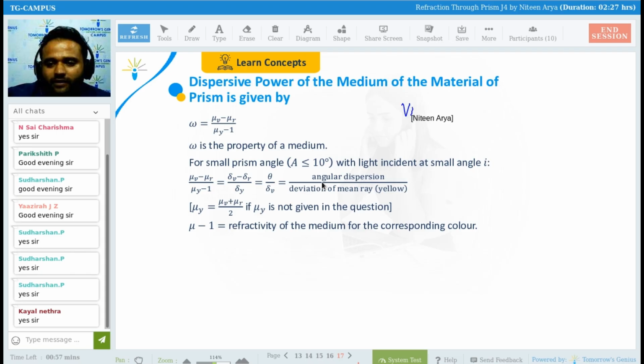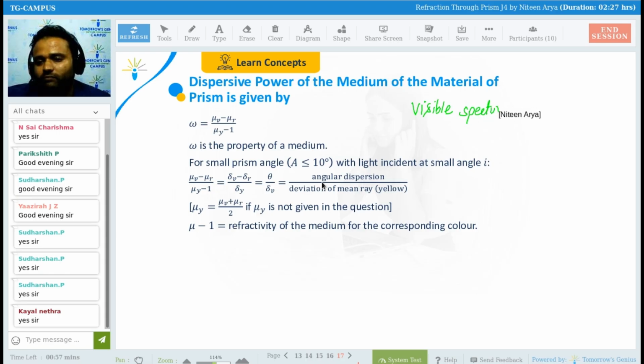The visible spectrum is 400 to 700 nanometer. That is the wavelength range of the visible spectrum. Clear? So if I want to find the mean, it is in between somewhere.